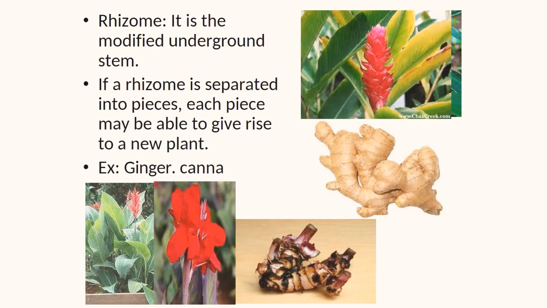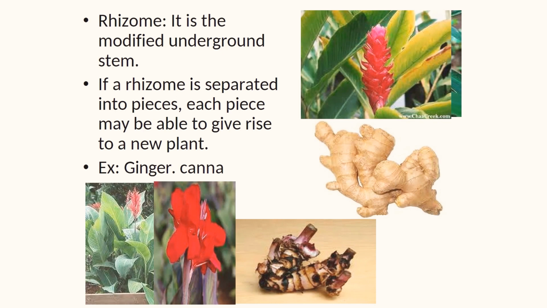Next, rhizome. Rhizome is also a stem which grows horizontally. It is the modified underground stem. The nodes and internodes may be distinct. Circular leaf scars are seen at the internodes.